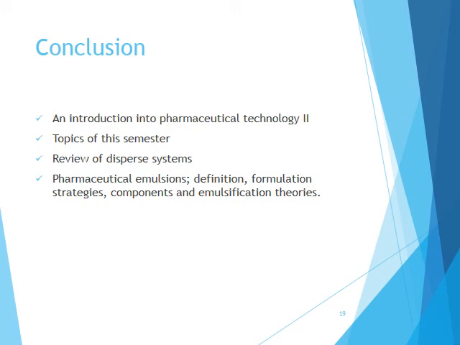I explained what we mean by emulsions, the formulation strategies, the principal components of emulsions, and then talked about the emulsification theories. So that's all for today, and I hope that you enjoyed listening to this lecture, and we'll continue with the other topics in the next lectures.